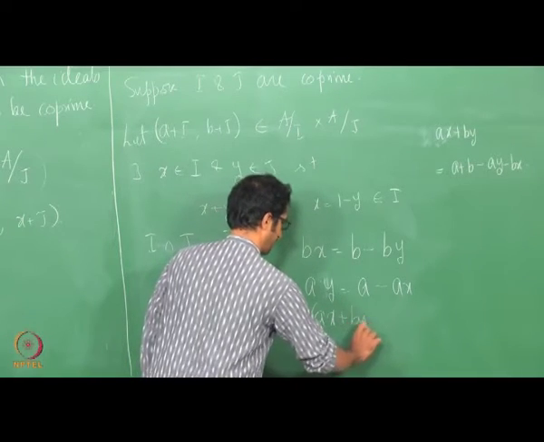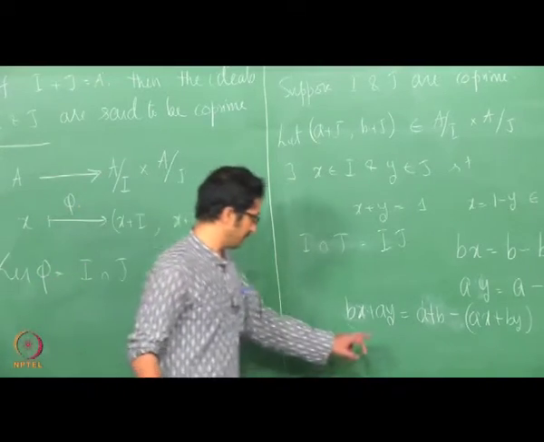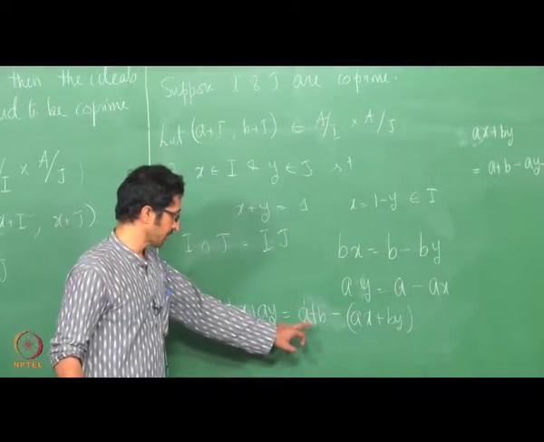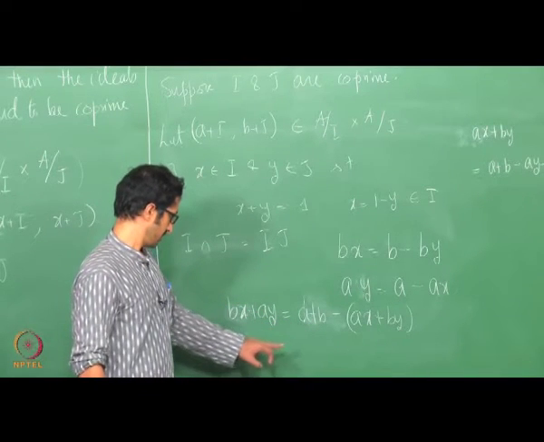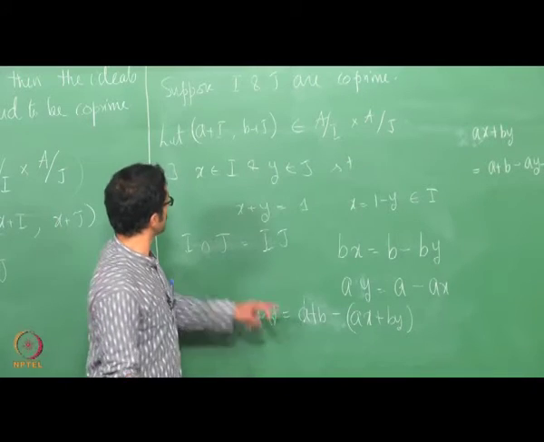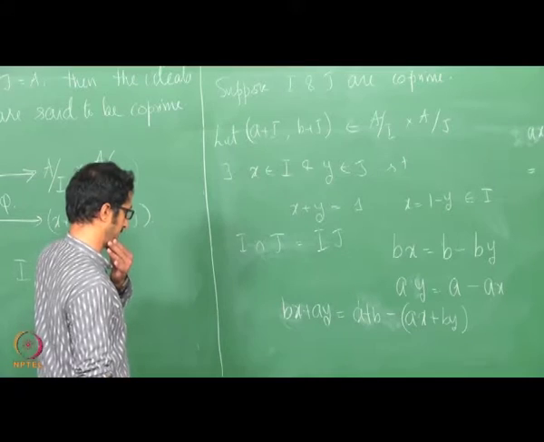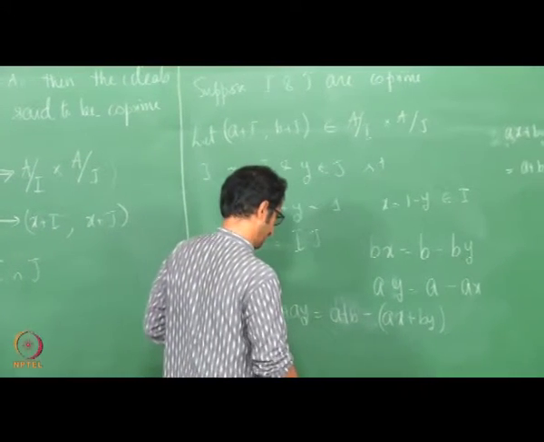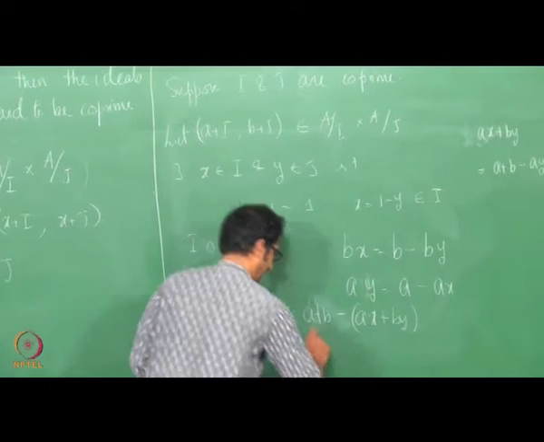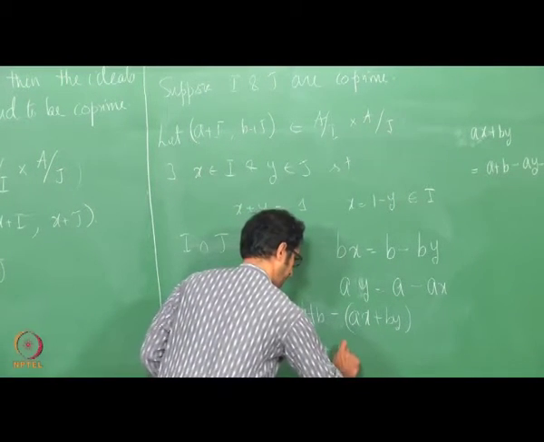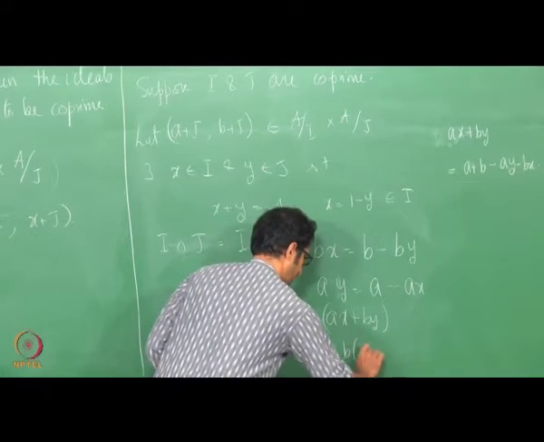Now, modulo I, this would be a plus (a minus ax) plus b times (1 minus y).